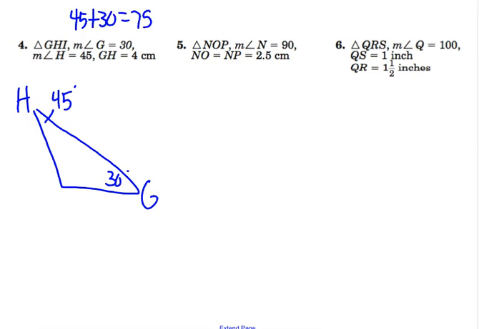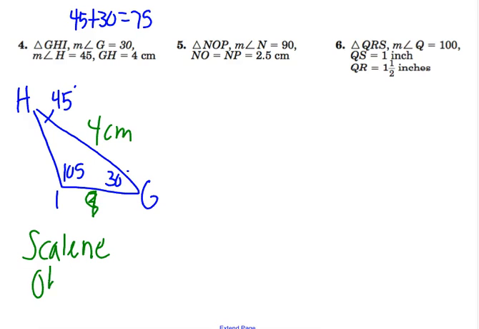Take that away from 180 and I get 105. So then I know that I is an obtuse angle. And it also tells us GH is 4 centimeters. So I'm going to have a scalene triangle. All my sides are different, and then an obtuse angle, meaning it's an obtuse triangle.